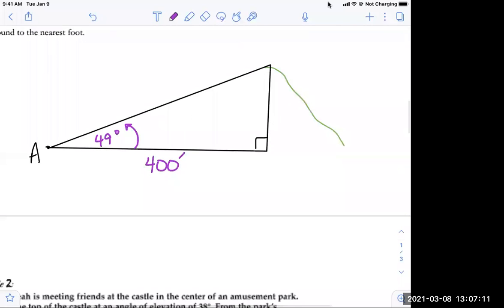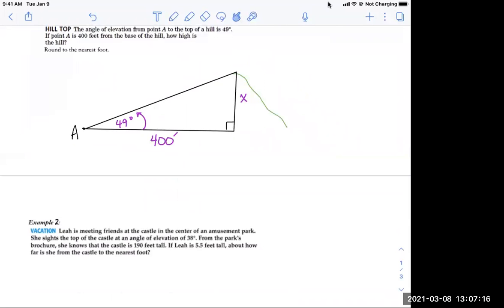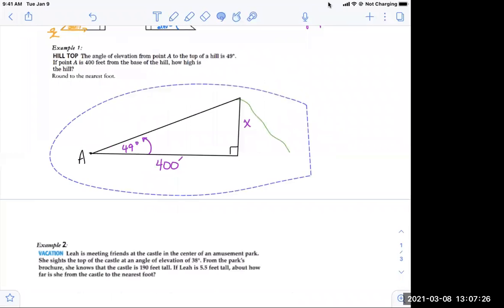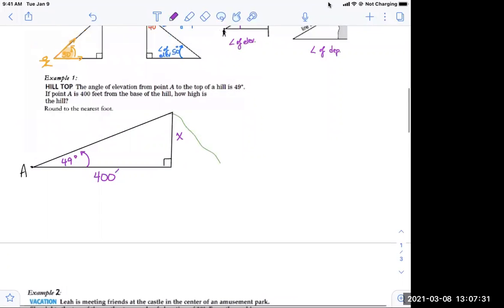So that means our variable is going to go over here. All right, Daniel, tell me, is it sine, cosine, or tangent? Tangent. What will the equation be? Tangent of what? Tangent 49 equals x over 400.